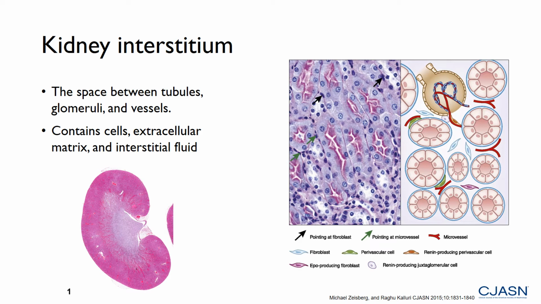Over here on the right, you can take a look at this histological staining of a cross-section of the kidney where you see the round structures of the tubules and lots of cell types, and there's a key down here that tells you what you're looking at. But there is a little bit of a misconception that the space between tubes is all scrunched up together.